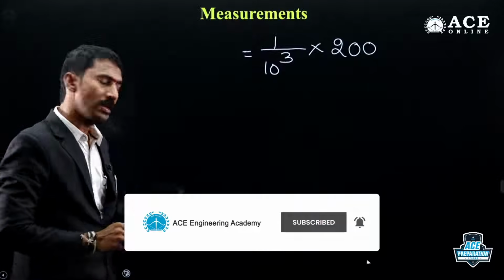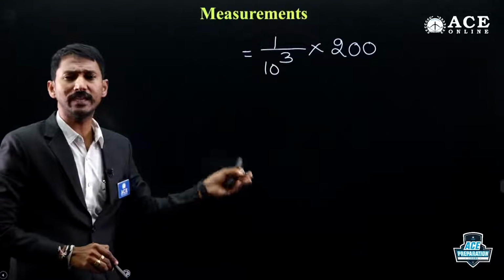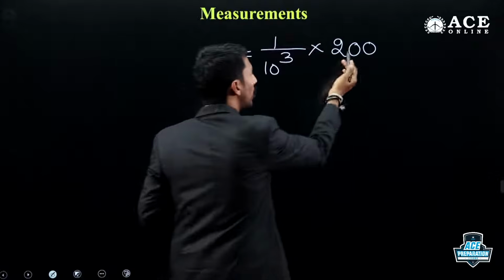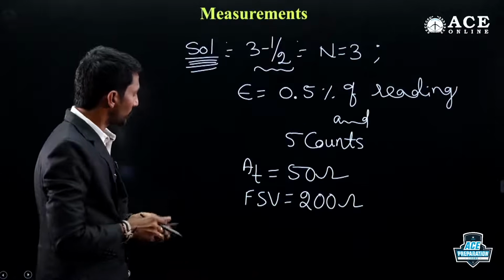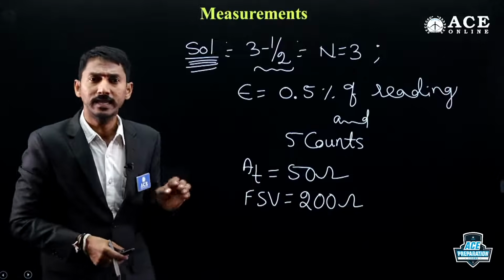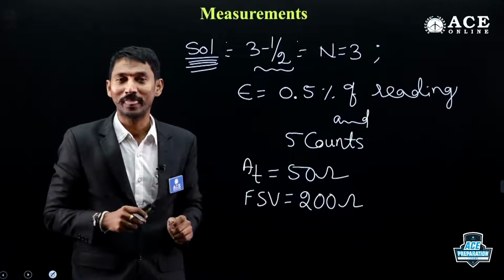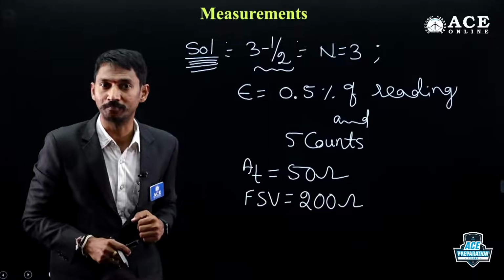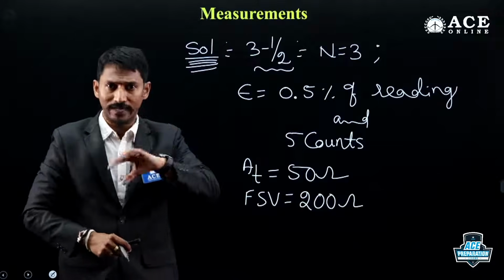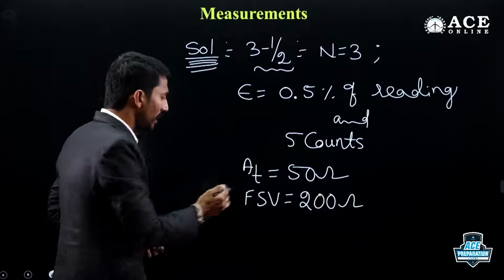But if you take it like this, definitely an answer will come, and in most cases it might be there in the options. That's why, is it correct or wrong, be clear guys. Here, sir, the full scale value is given as 200. Is it the value after extension or before extension? This is after extension, because 200 or 20 or 2000, for example, is automatically extended. Be clear guys.